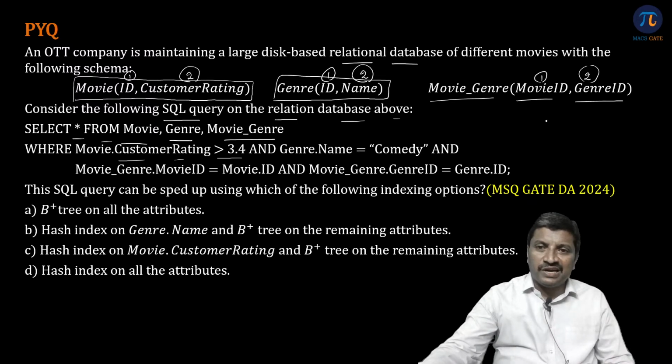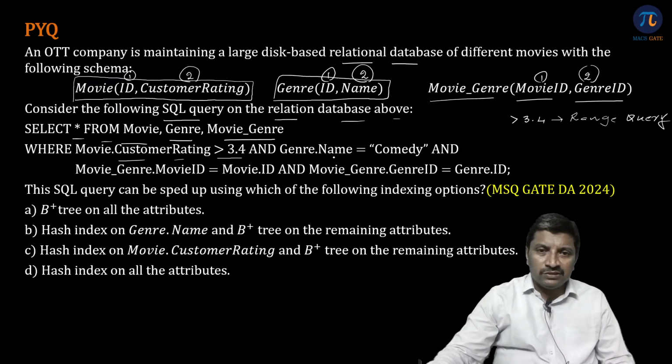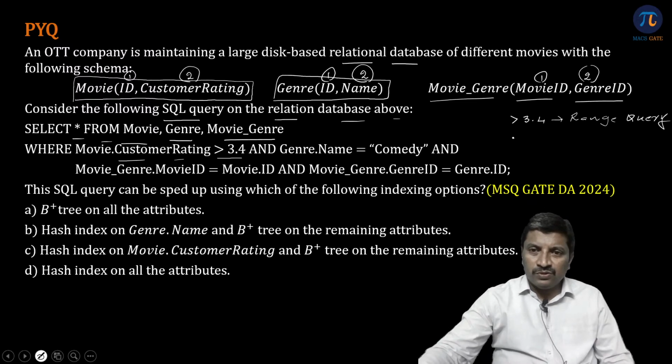Sir, whenever it is greater than 3.4, it's a range query. So I need to find from 3.4 to the last one. That's the first one. Then genre name equal to comedy. So it is only an equality query, sir. That is not a range query.